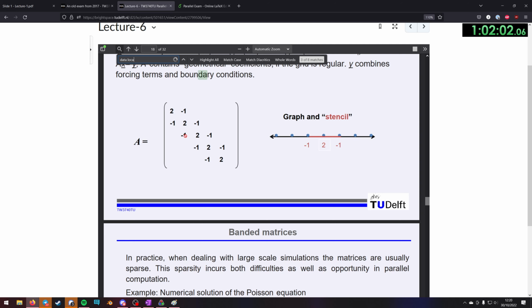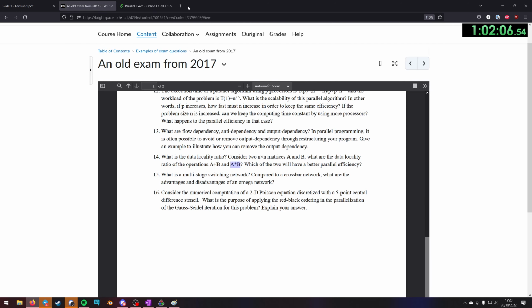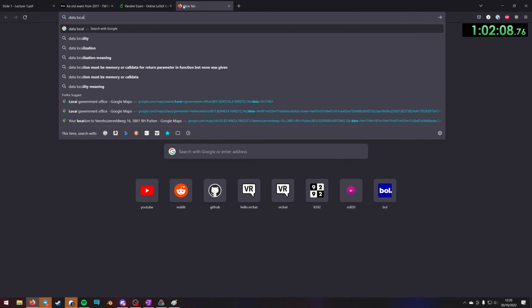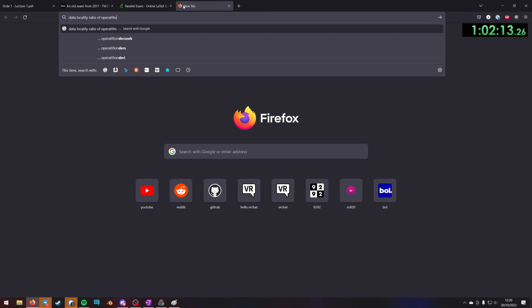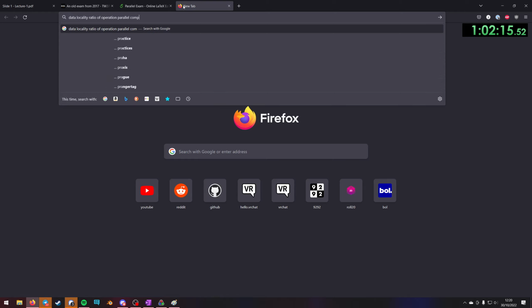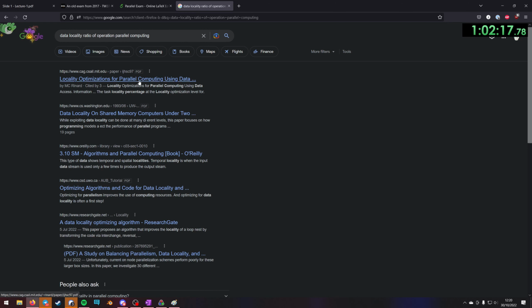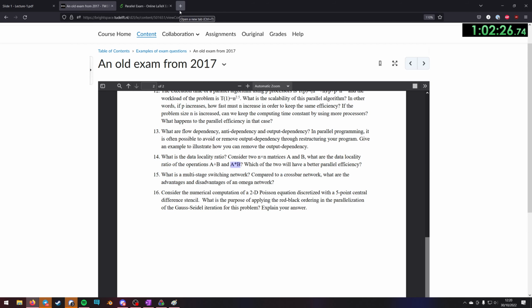Control F, data locality ratio. Okay, apparently it's on the slides. Data locality ratio of operation, parallel computing. Yeah, I don't think we got taught this.